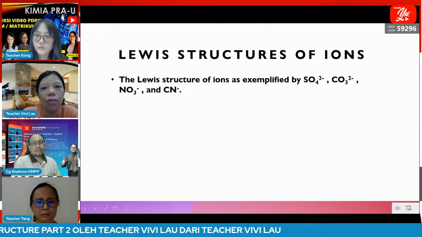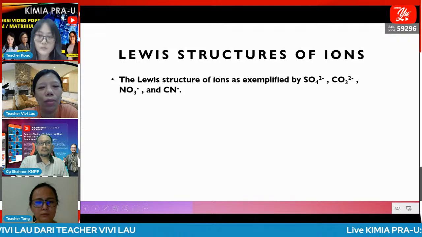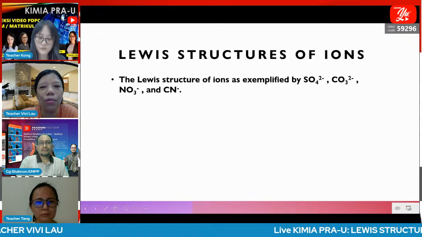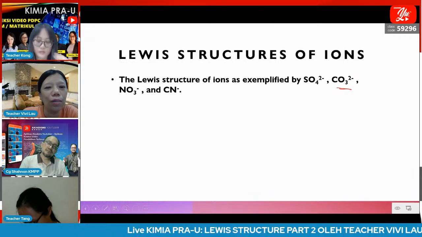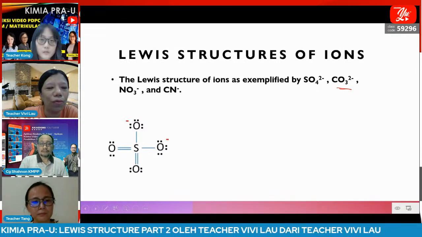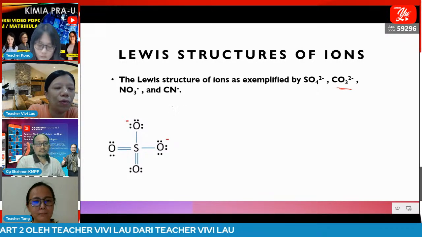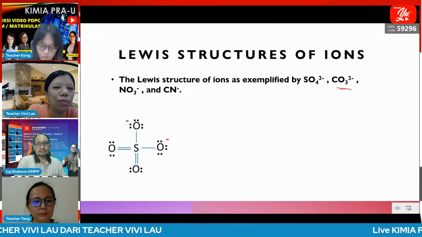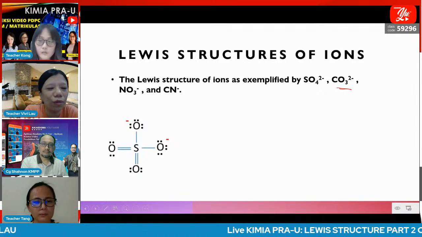Then the Lewis structures for the polyatomic ions, you also have to know. Just now we discussed the carbonate ion, so we look at the other 3. We have the sulfate ion. Same as just now, you count the total valence electrons, then you can draw the Lewis structure. Unless you are very used to it, then you don't need to count.